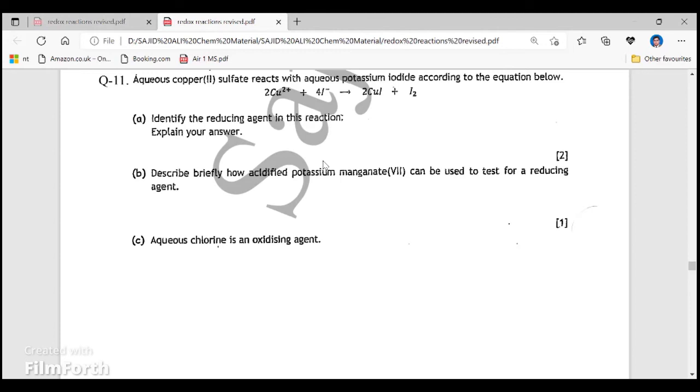Aqueous chlorine is an oxidizing agent. How can you prove this? When you add chlorine solution to a solution of potassium iodide, the solution will turn from colorless to brown. Look at this, I am going to write this equation once again.